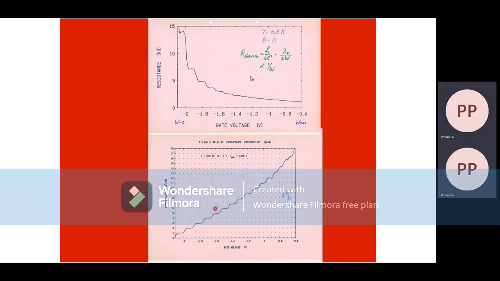it all made sense because these steps are lined up perfectly with the quantized values of conductance. The values of 2e squared over h for this one is a factor due to spin degeneracy, right?